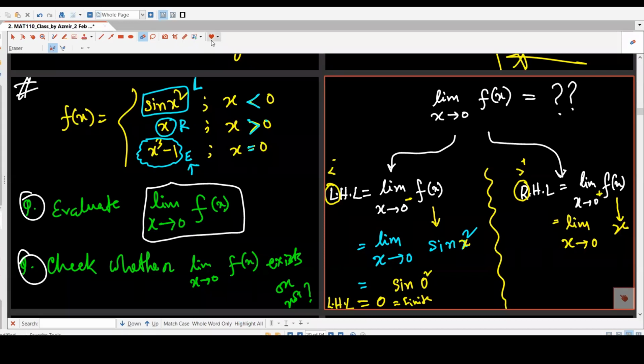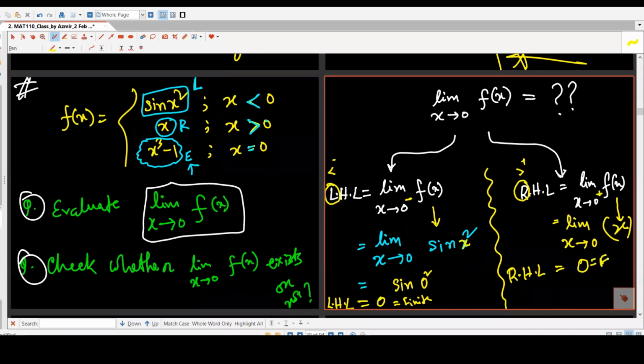Whenever you find such problems, I request you to please mention these things with a pencil, otherwise you will have trouble figuring out the leftward and rightward functions. Now let us plug in the limiting value, x tends to 0. Where we have x, let's input 0. So the right hand limit is 0.